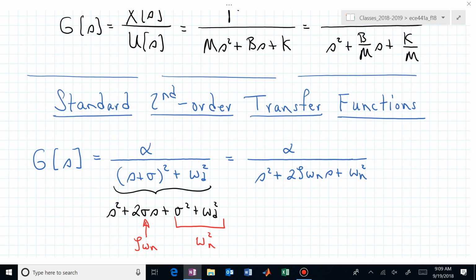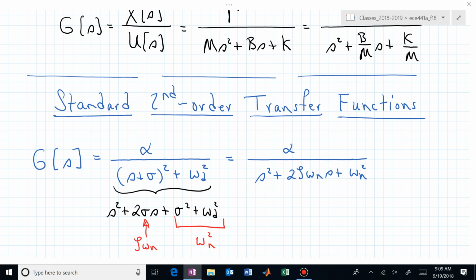If you compare these two parameterized versions, these standard forms of the transfer function, you can start to relate the sigma. Hopefully when you see me write the denominator as this quantity s plus sigma, quantity squared, plus omega sub d squared, you immediately see where those poles are in the complex s-plane.